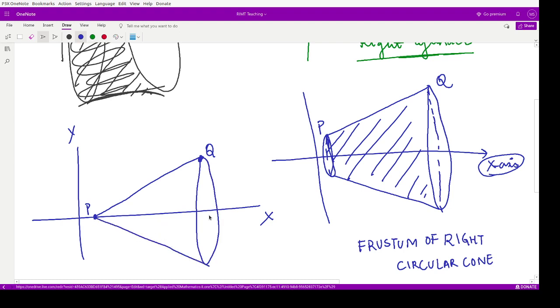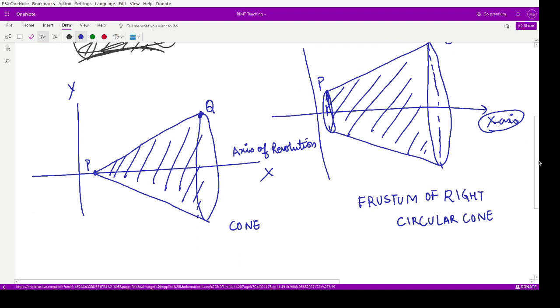So what is this region? This is the cone. This solid of revolution is the cone, and here also the axis of revolution is the x-axis.